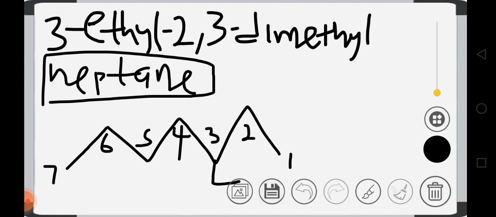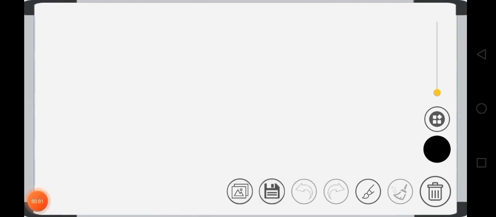Then this one will be methyl, and the other methyl will be here. So this will be the structure of this compound. You can also do it this other way. So that is it. Let's look at this third one.